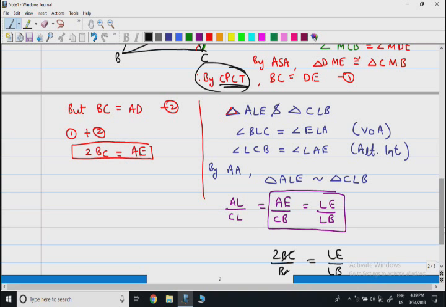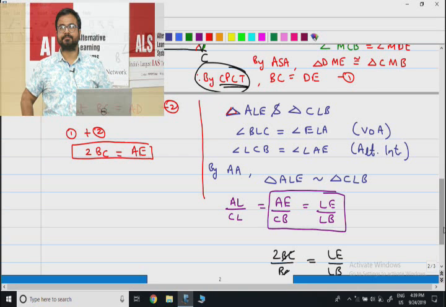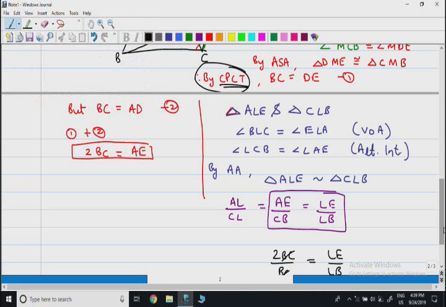Senapati, what about you? Is this clear? Okay, so let's move on forward.